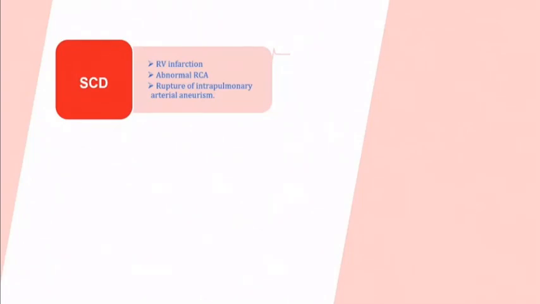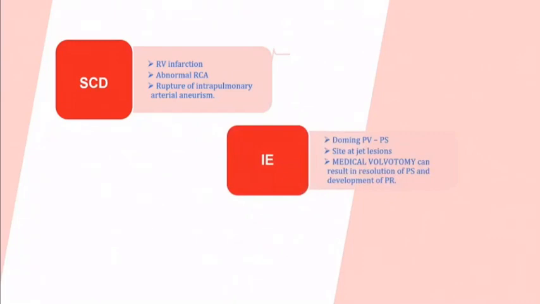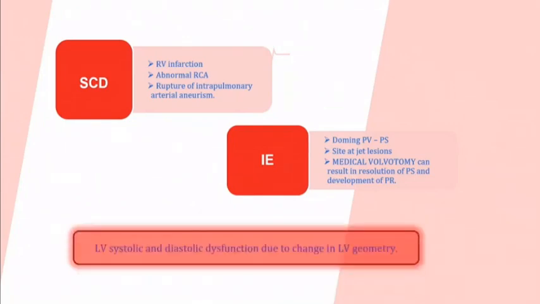The most likely etiology would be RV infarction due to RV hypertrophy or an abnormal RCA coursing across the right ventricular outflow tract, or there can be a rupture of a massive pulmonary aneurysm. Infective endocarditis is expected with doming pulmonary valves, and medical valvotomy can cause resolution of PS, but the patient lands in pulmonary regurgitation.